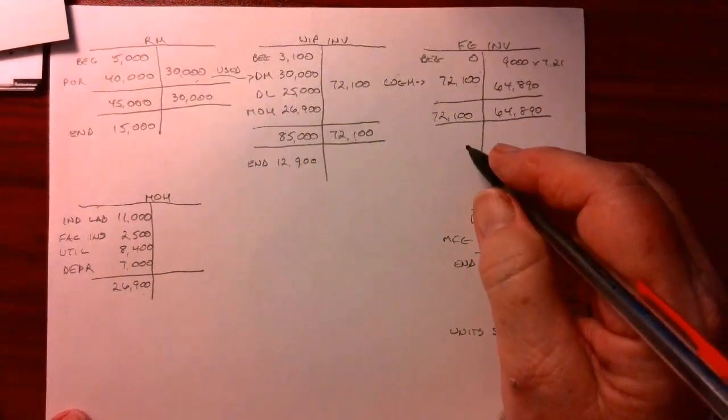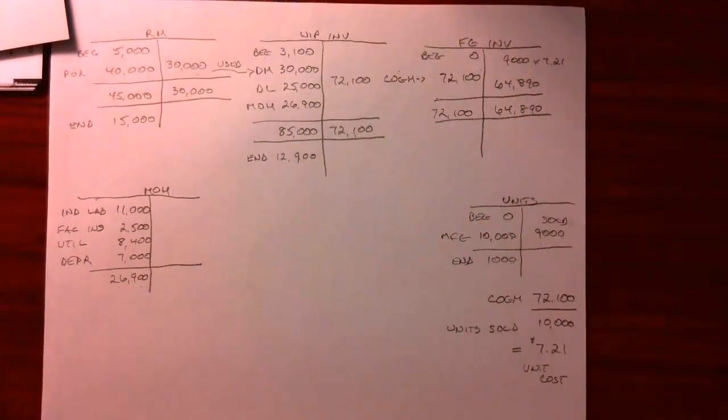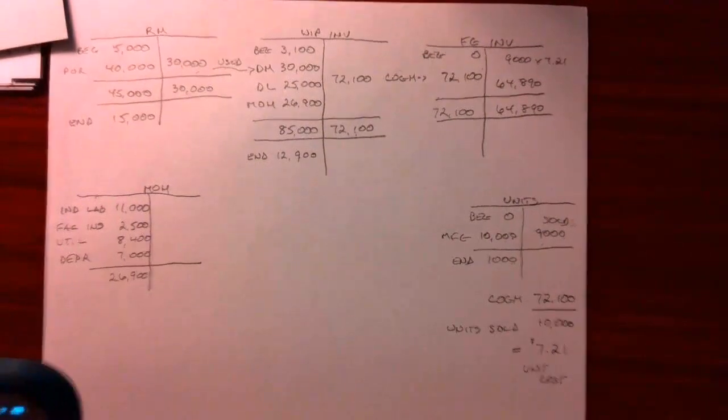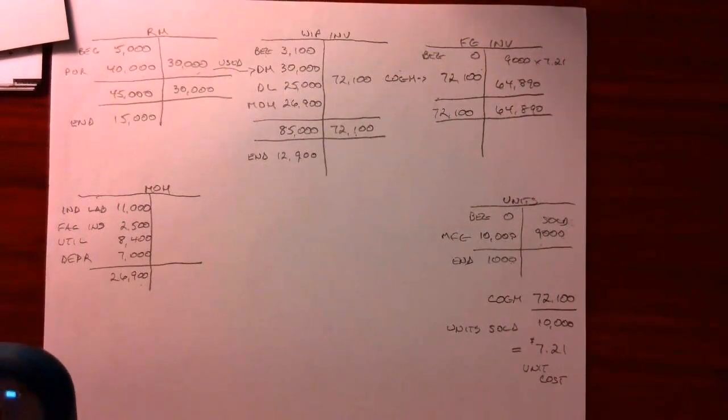And our ending balance in here would be, I gotta do this real quick, 72.1 minus 64,890.